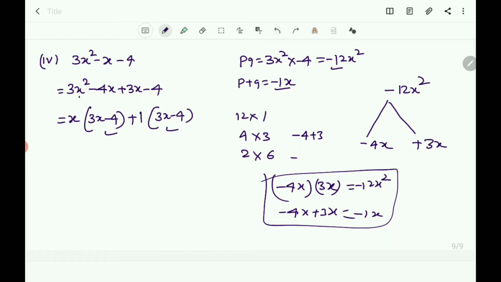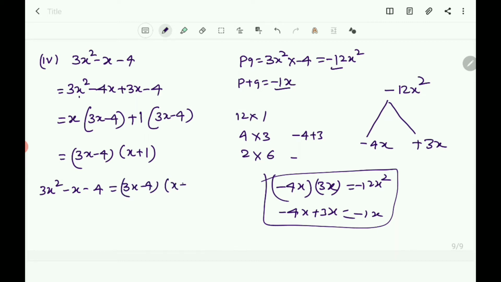So you write it is equal to 3x minus 4 into x plus 1. Therefore the factors of 3x square minus x minus 4 are 3x minus 4 into x plus 1. Got the factors of 3x square minus x minus 4.